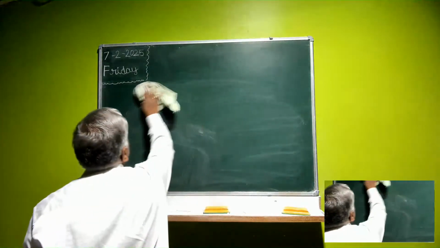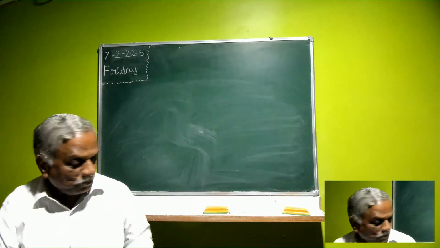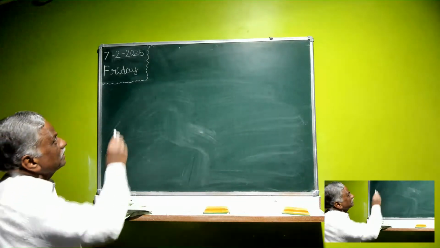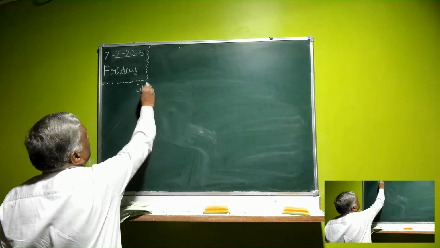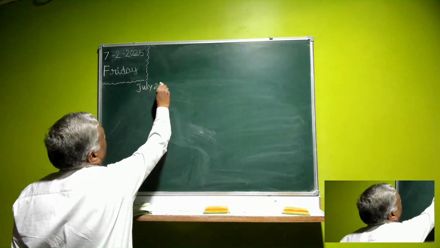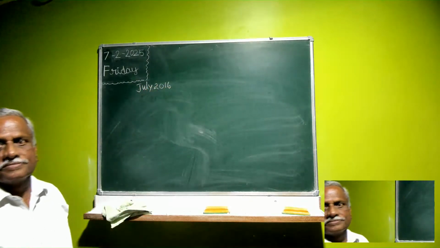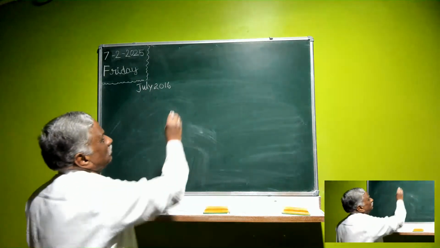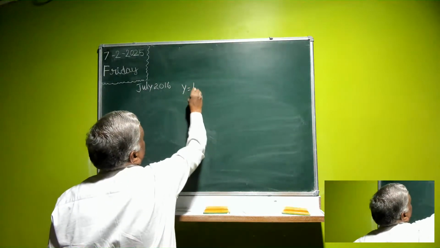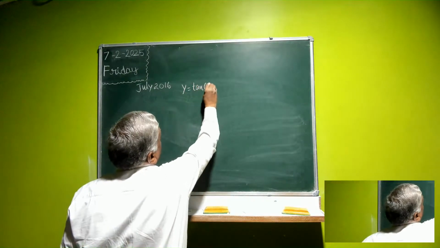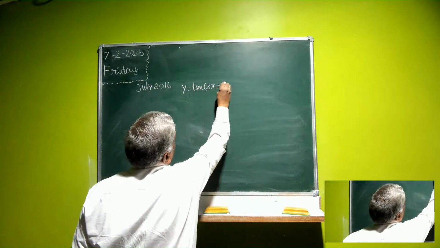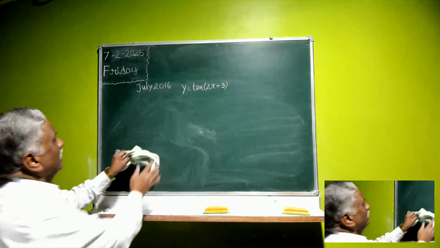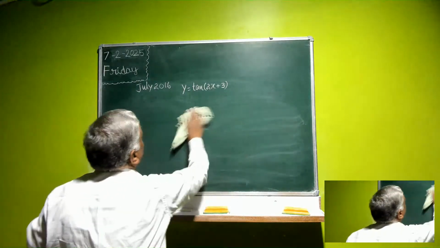Okay. Let's move on to the next problem, that is July 2016. What is the problem? y is equal to tan of 2x plus 3. All the 1 mark problems they are giving are on the chain rule.